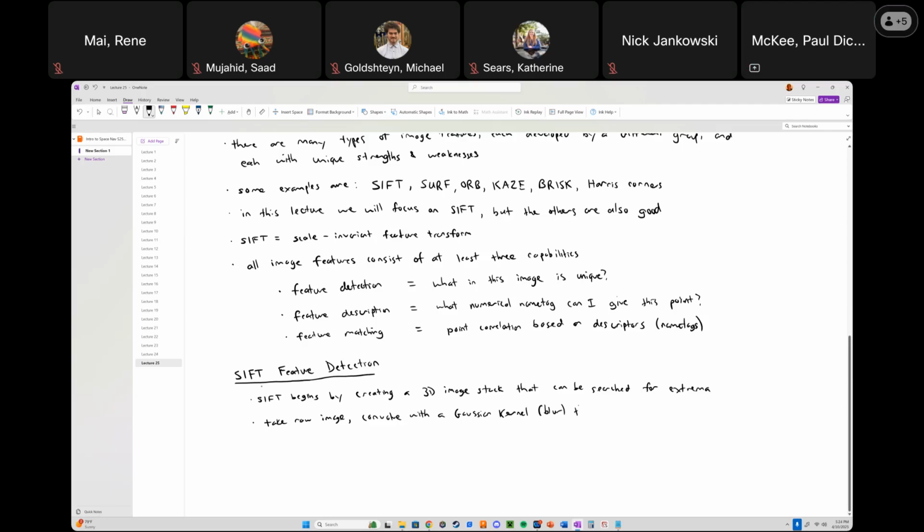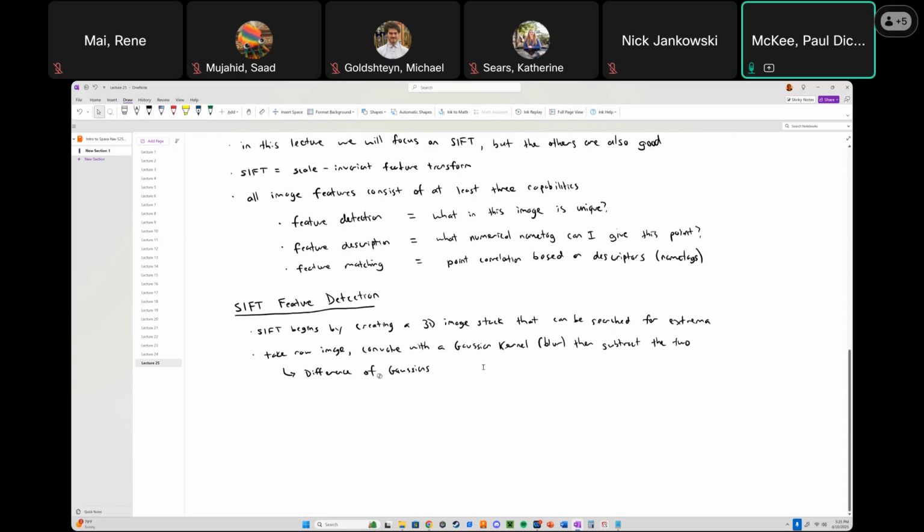Then subtract the two. So here is an image which we've blurred, and an image which we've blurred more, and then we subtract the blurred image from the more blurred image. That is called the difference of Gaussians. When you do this, certain parts in the image are going to pop more than others, depending on the scale of the thing in the image and the amount that you blurred the image.